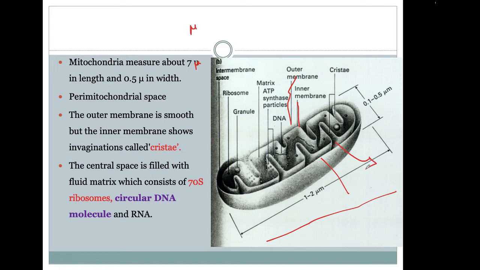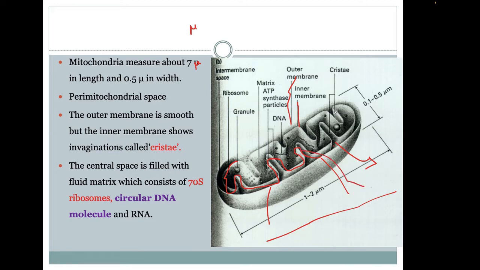The outer membrane is smooth, but the inner membrane shows invaginations, folding-like structures, called cristae.